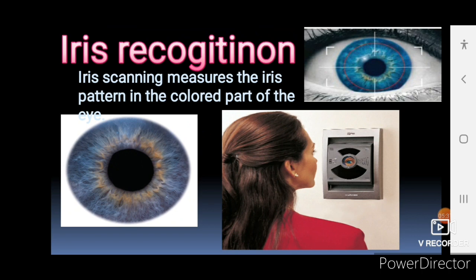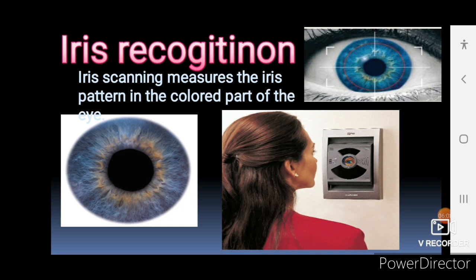Iris recognition. The iris is the pigmented connective tissue that controls the pupil. It is formed in early life, and once fully formed, it remains stable throughout life. The iris of the eye has a pattern that is unique to an individual. Glasses, contact lenses, and even eye surgeries do not change the iris pattern.